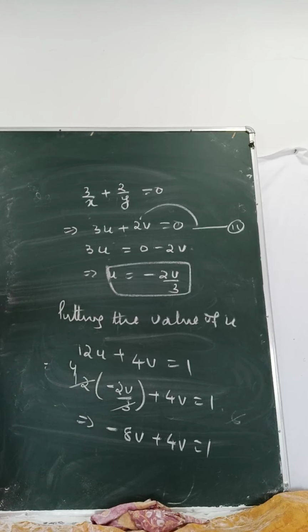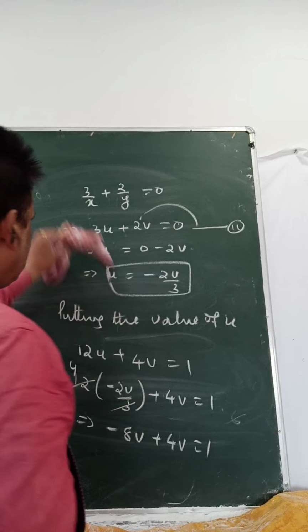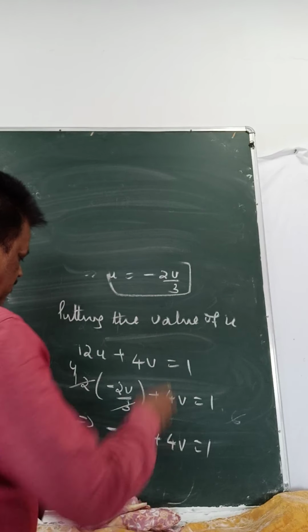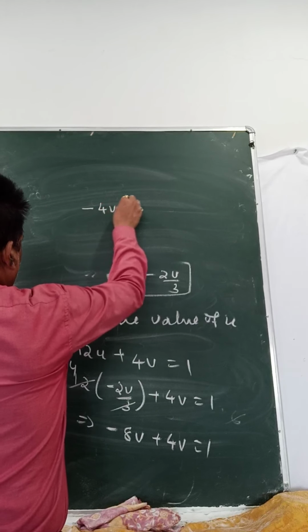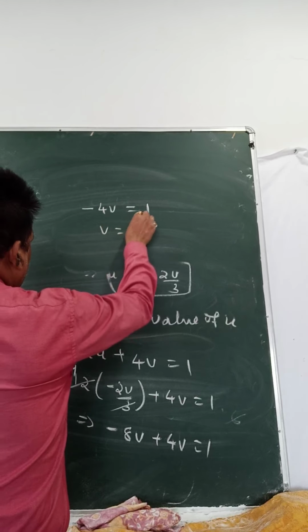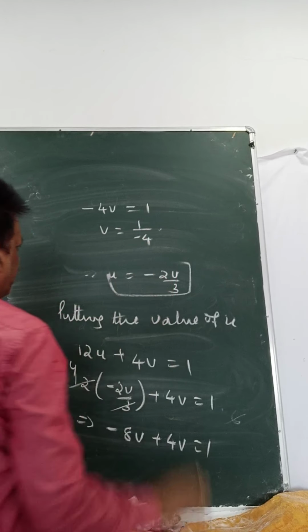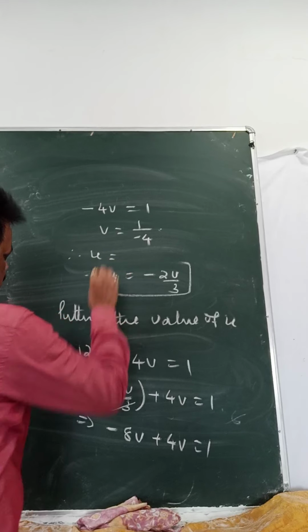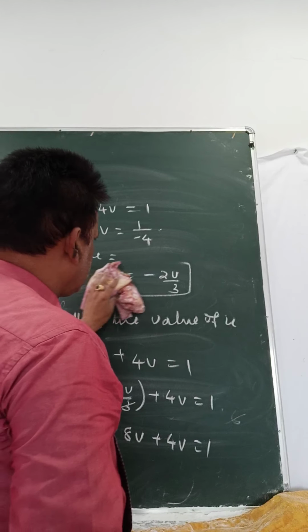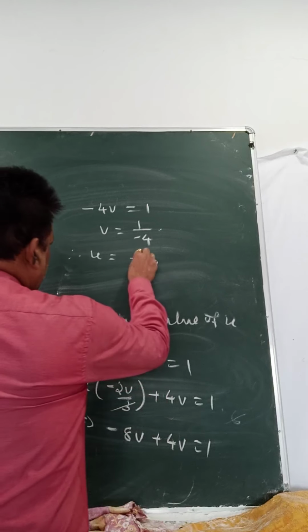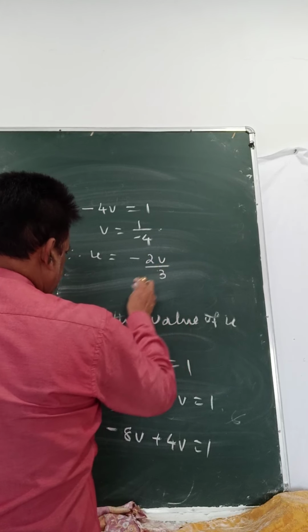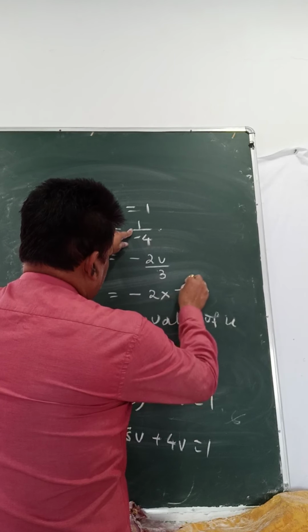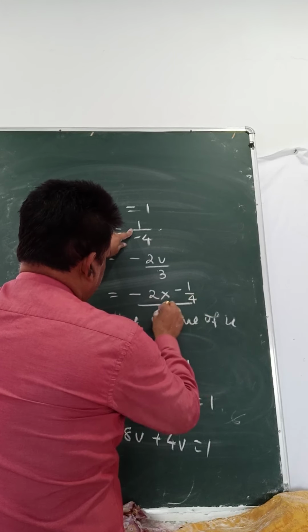So how much will you get? Minus 8v plus 4v is minus 4v equals 1. v is 1 by minus 4. Okay, so therefore u equals minus 2v by 3, minus 2 into v, which is minus 1 by 4, divided by 3.